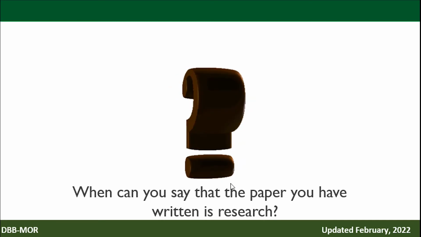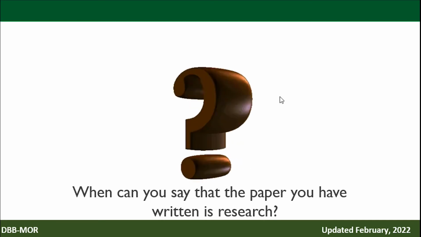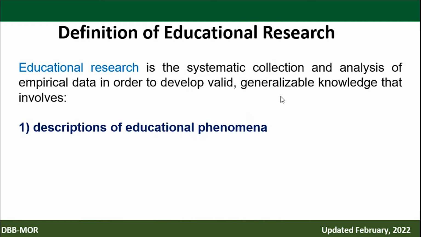So what is educational research? It's actually the systematic collection. So one of you said systematic collection of data. But here, systematic collection and analysis of empirical data. So we are not just talking about any data.